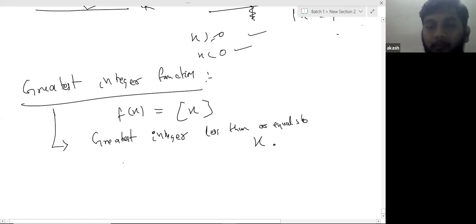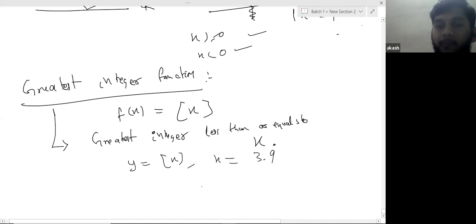In simple words, if you put x equals 3.9, we have to find y equals GIF of 3.9. This means the greatest integer less than or equal to x.